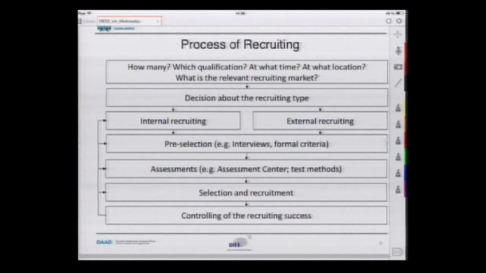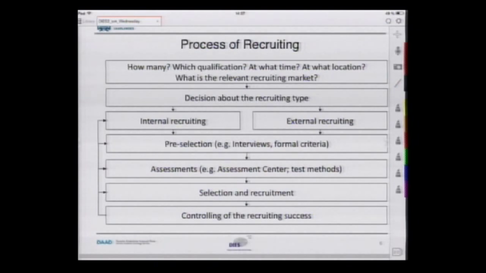And then you can do your advertisement, and in the next step a pre-selection. So you get some applications, and then you have to look whether the people who have sent the application fit the profile you need. Pre-selection means you can do some interviews, telephone interviews, for instance, or you can look at some formal criteria.